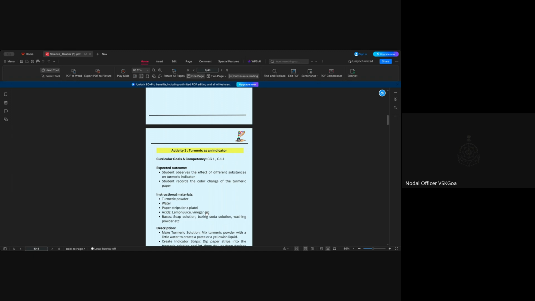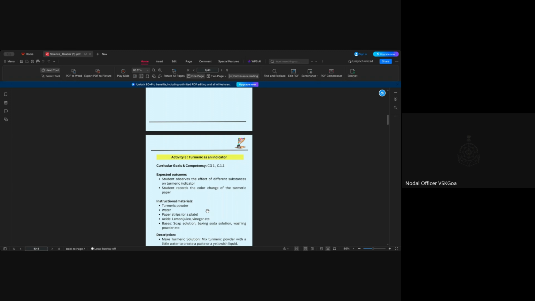The same as the litmus paper, where in curricular goal 1, competency 1.1 speaks about classification, observable physical and chemical characteristics. At the same time, competency 6.2 speaks about formulating questions, and competency 7.1 talks about communicating inferences in their own ideas, in their own words. So this activity also caters to those curricular goals and competencies.